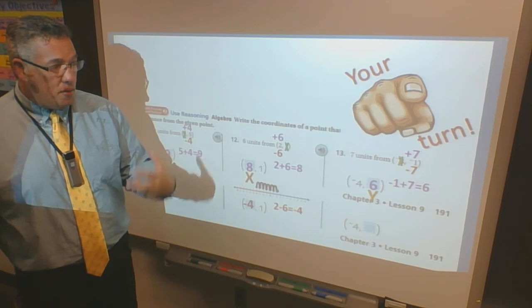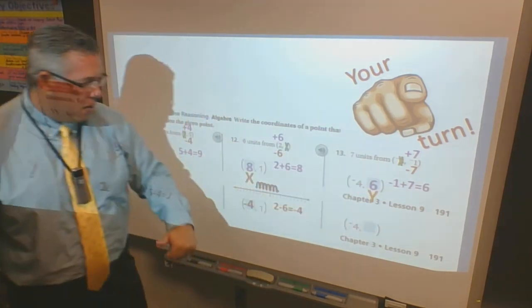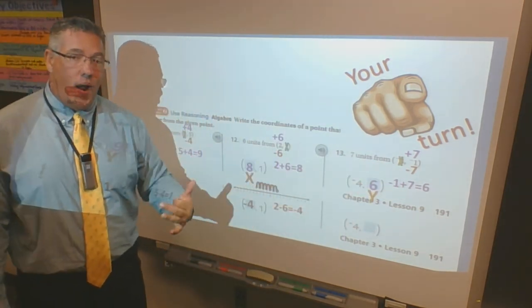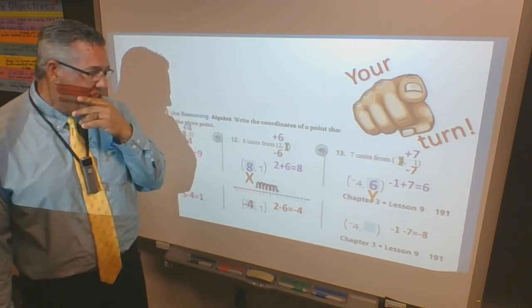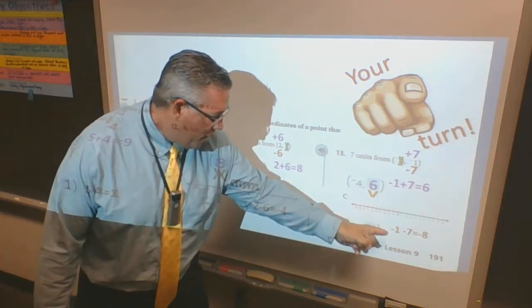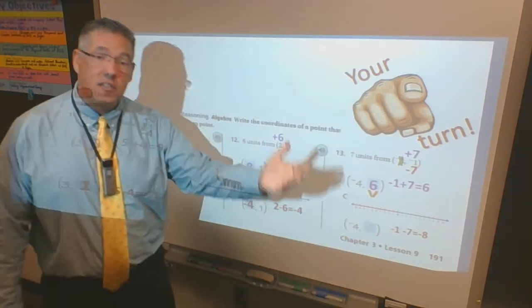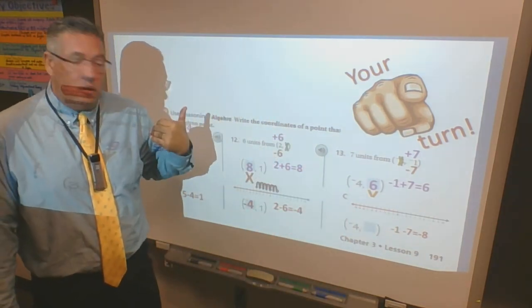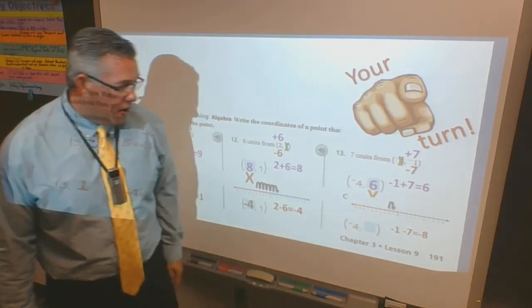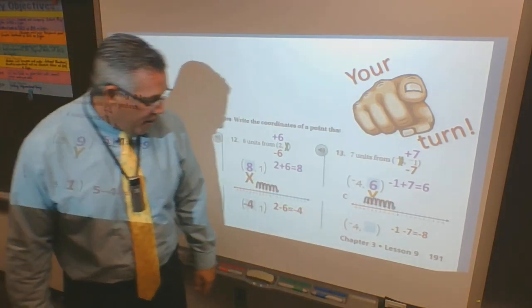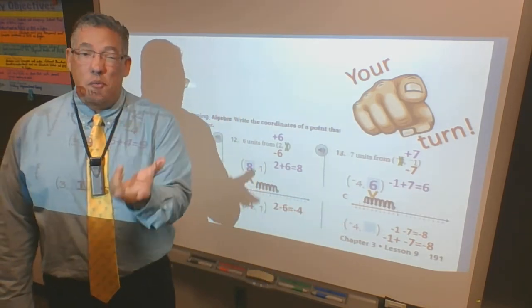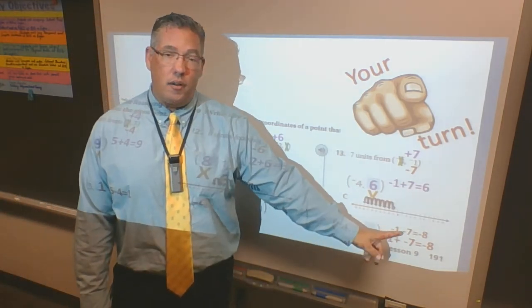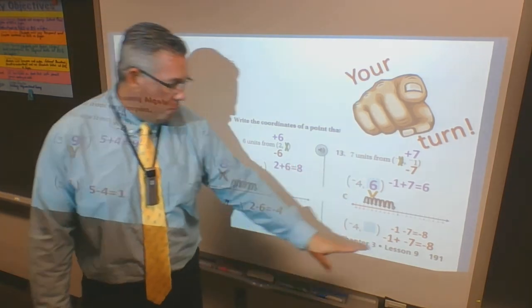If I wanted to subtract, which is my second option, then I have to know how I subtract integers on a number line. Well, on my number line, if I go to -1 and I subtract, I'm going to go backwards in my negative numbers 7 different times. Where does that take me? That takes me to -8. But what we're going to learn when we do math with integers is that I can never subtract integers, and I have to change it into an addition problem.